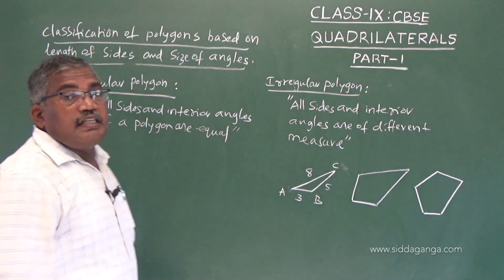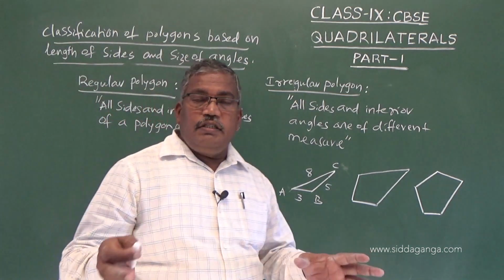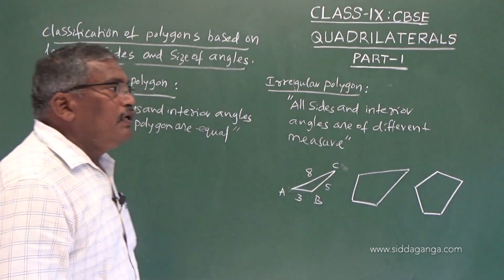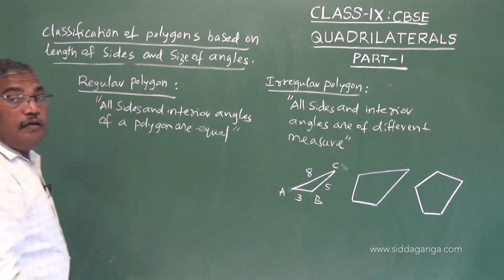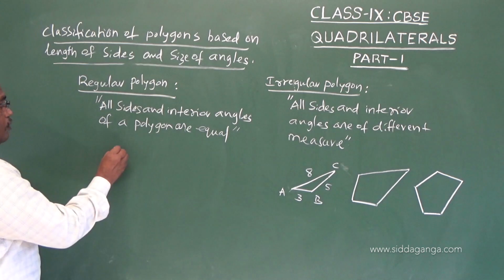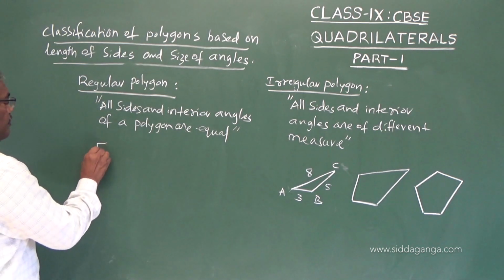So we can give an example, an equilateral triangle where all three sides are equal and all three angles are equal. It is a regular polygon.